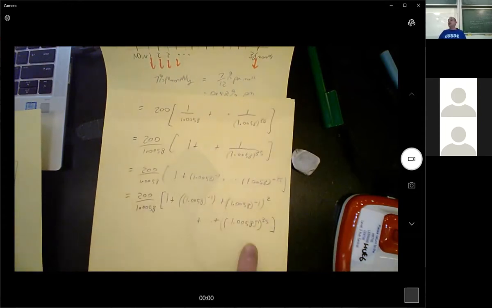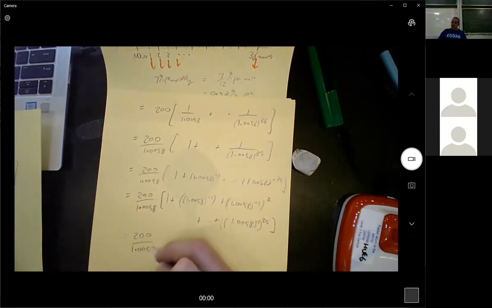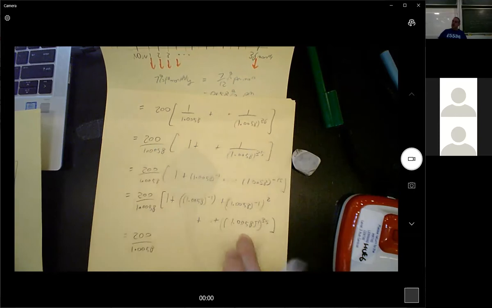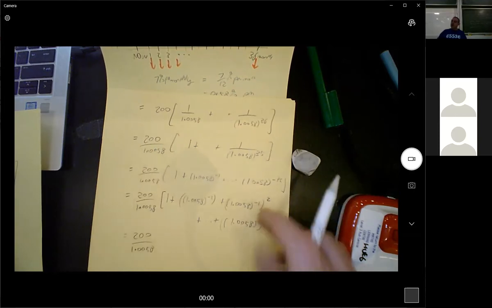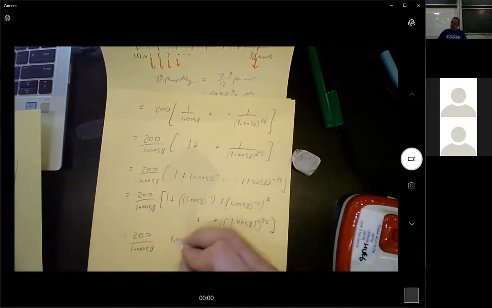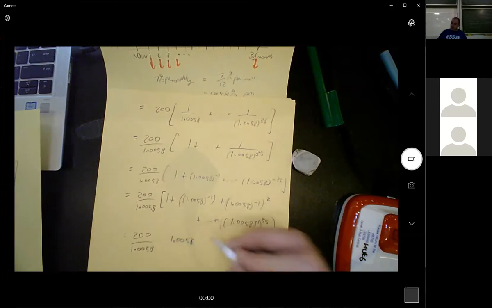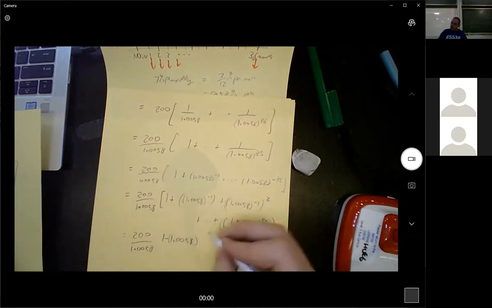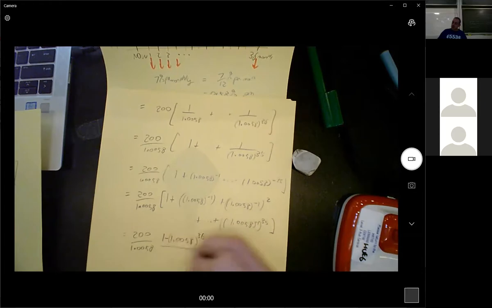That's a geometric series. And for the geometric series, the answer is the thing that's being multiplied over and over to the power of 1 more than this, one minus that thing, over 1 minus that thing.